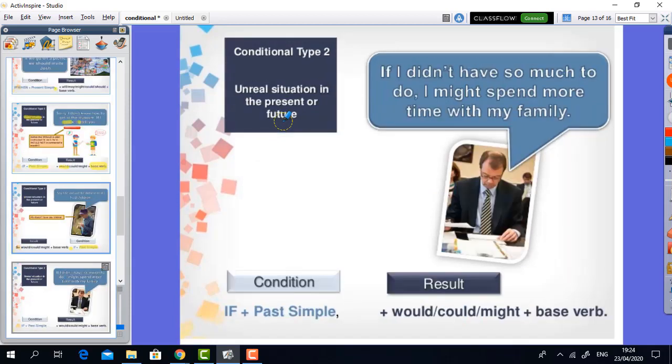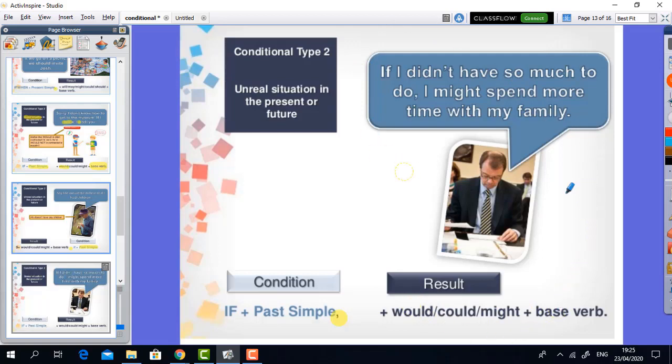Let's take another example, and again let's focus first on the form. The if clause is in front position, it is followed by a comma, and the main clause comes second. The verb of the if clause is in the past simple, and the form of the verb in the main clause is would plus a bare infinitive.